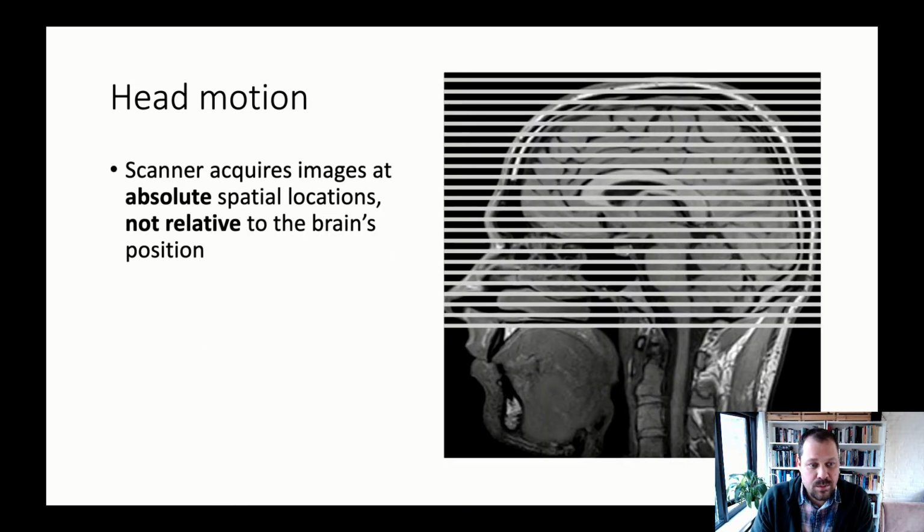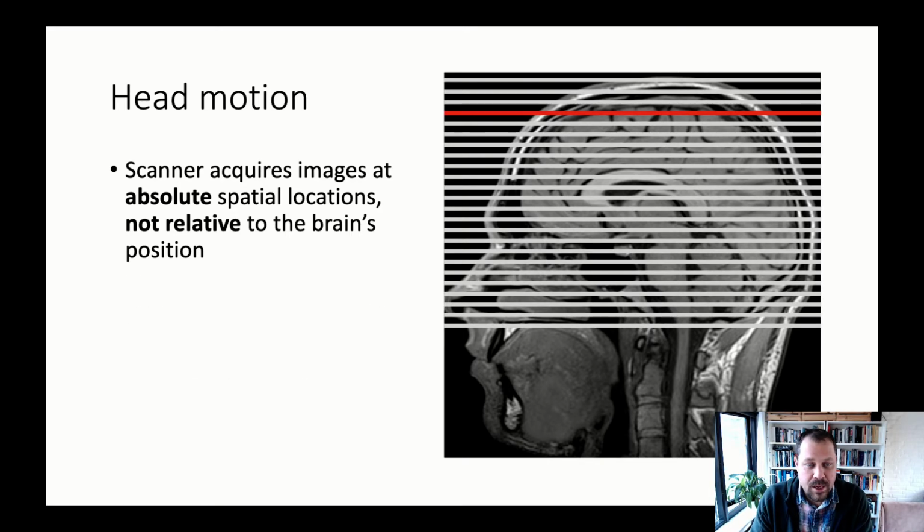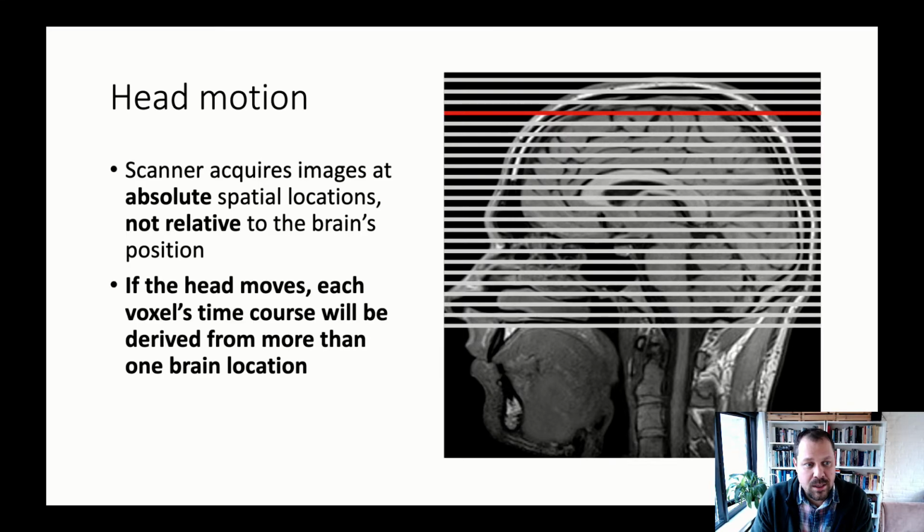Okay, so as I said before, the scanner acquires images at absolute spatial locations and unfortunately not relative to the brain's position. So if the brain moves, then each voxel's time course will be derived from more than one location in the brain. Let's have a look at this. So here we have this region that's recorded from this slice.